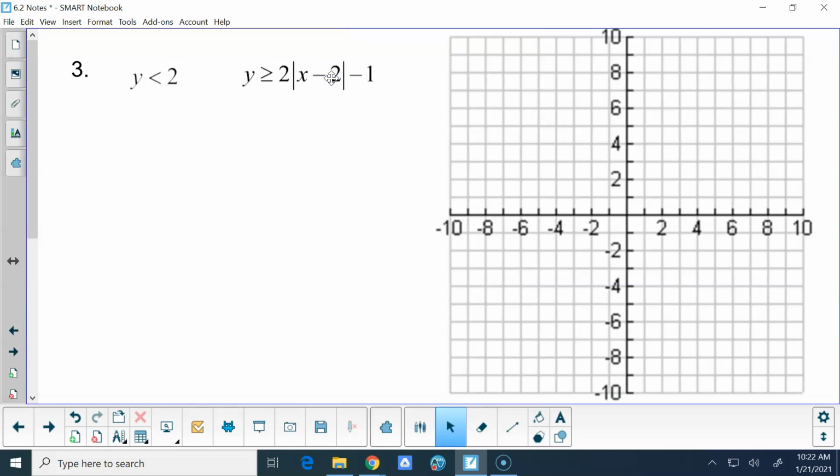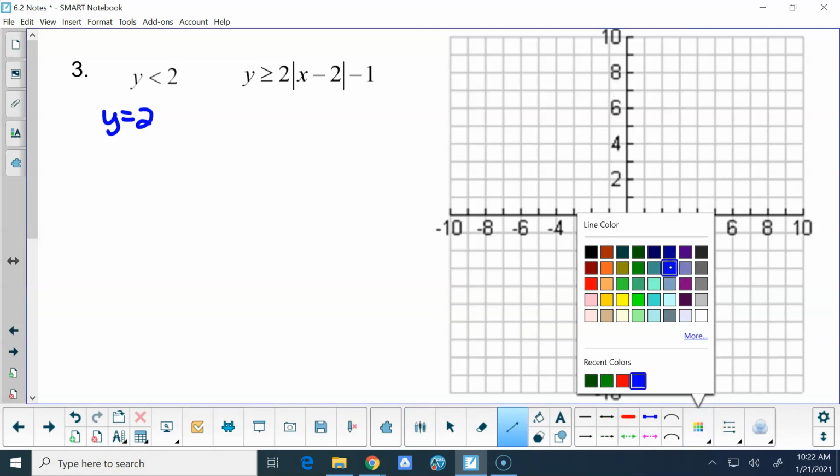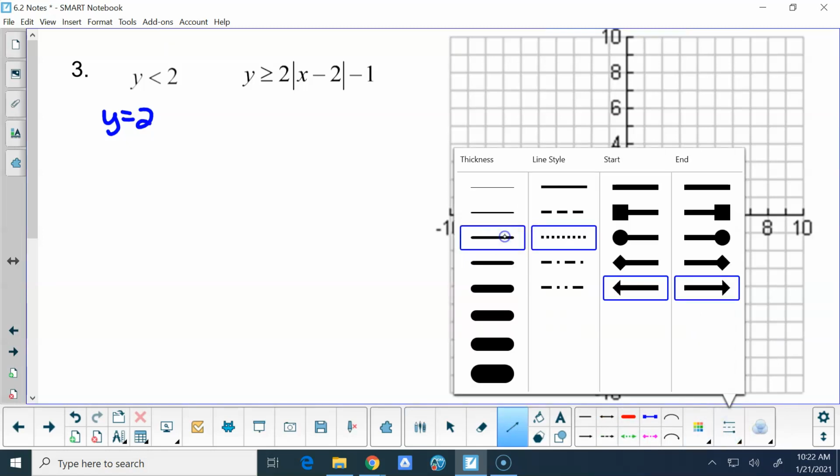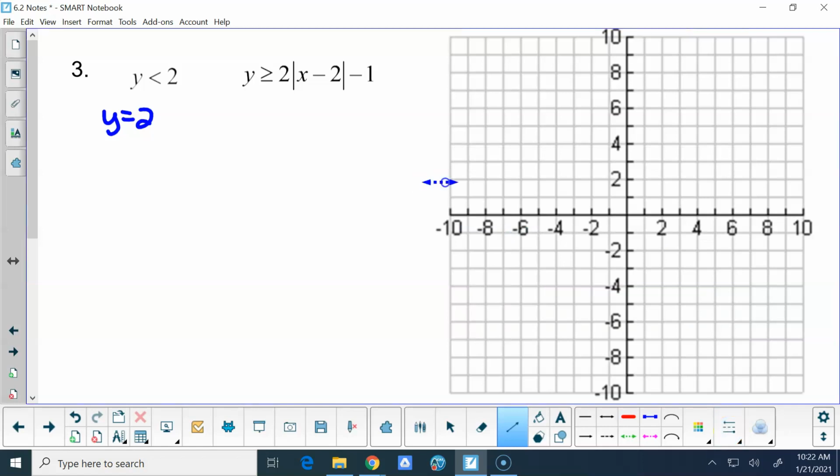So first one, we're thinking y equals 2. y equals 2 is a horizontal line. It will be dashed. It will be 2 up from the origin.